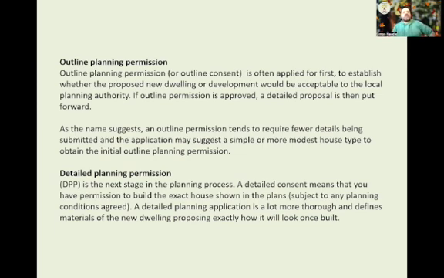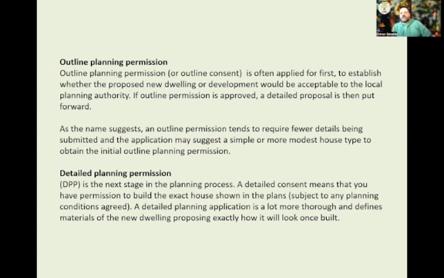And then we move to the detailed planning permission, which is the next stage, and that's where all the detail comes in. You might see with some large developments, if any of you have been looking at things around the city, we've got a large development being proposed for the north of Sutton at Langley. That's coming forward with several outline consents, one for infrastructure, like the roads and the drainage system.